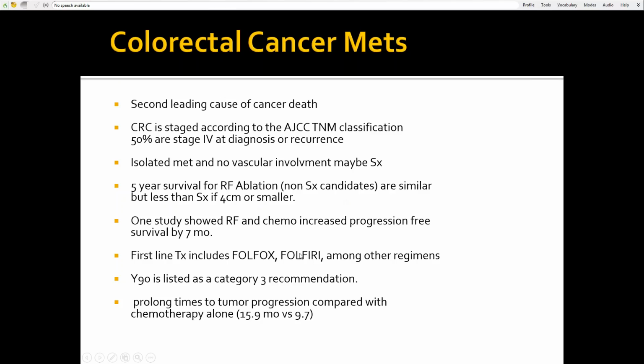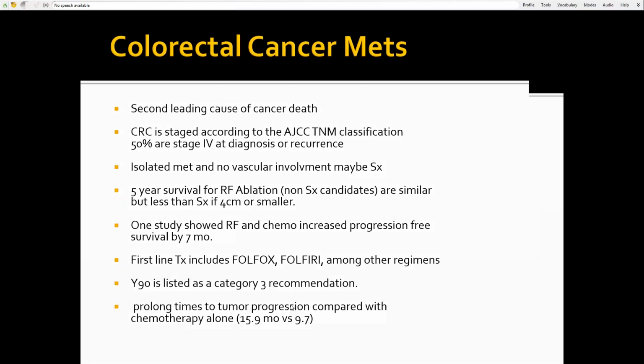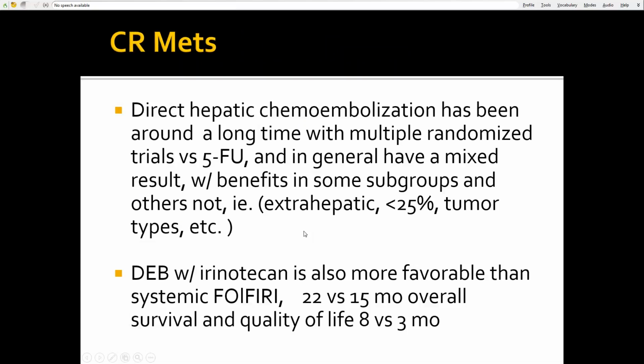First line is typically chemotherapy, but right now Y90 is a category 3 recommendation, which we said is more of a salvage thing, but it can prolong the patient's life and curb the progression of the tumors.